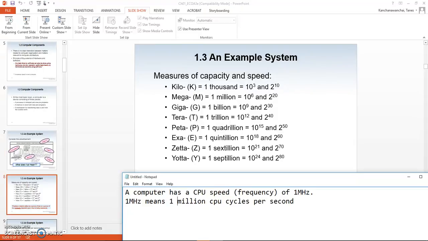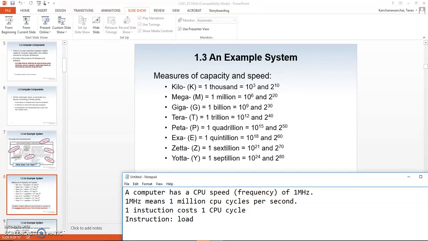So now one cycle could be an estimate of one instruction costing 1 CPU cycle.